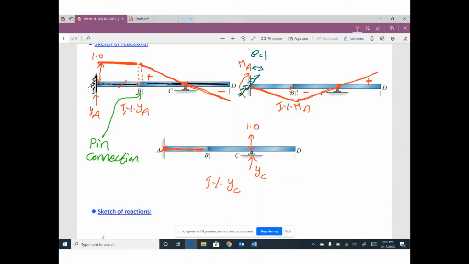If this member didn't move, that means the left side of this connection didn't move, the right side will not move. So I know the location of this point, the location of this point. So the new shape of this member will be like this. Positive. This shape can be called Confluence line for YC.